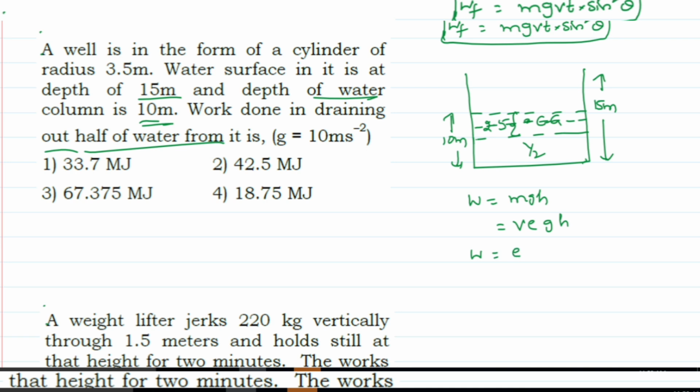Density of the water is 10 power 3, area is pi r square, length is 5 meters, g is 10, and the height of the center of gravity is 15 plus 2.5. So the work done will be nearly 33.7 megajoules.